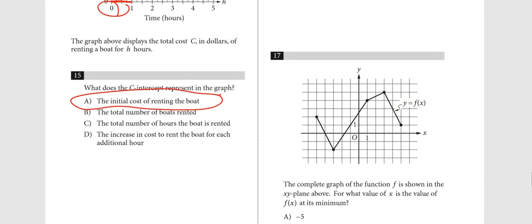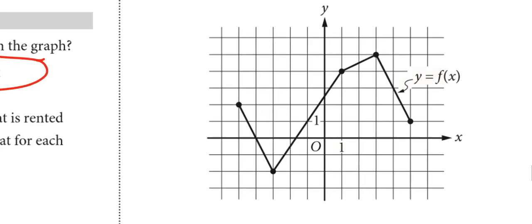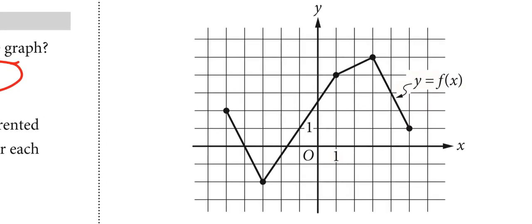The complete graph of the function f is shown in the xy plane above. For what value of x is the value of f of x at its minimum? Okay, where's the minimum on this graph? I'm hoping everybody would see that coordinate right there and know that that's the lowest point on the graph. Okay?